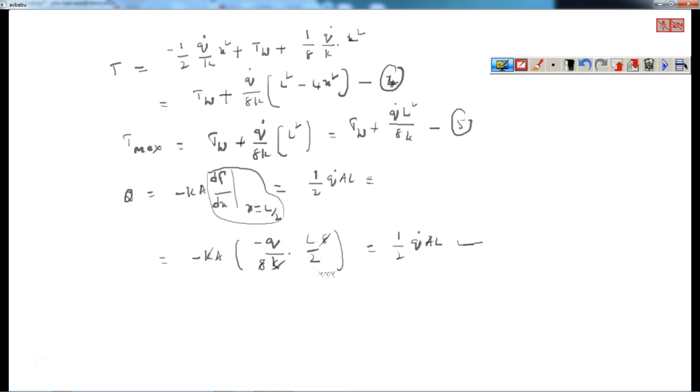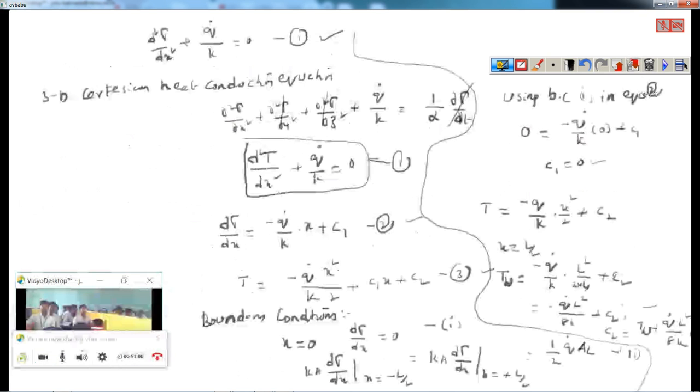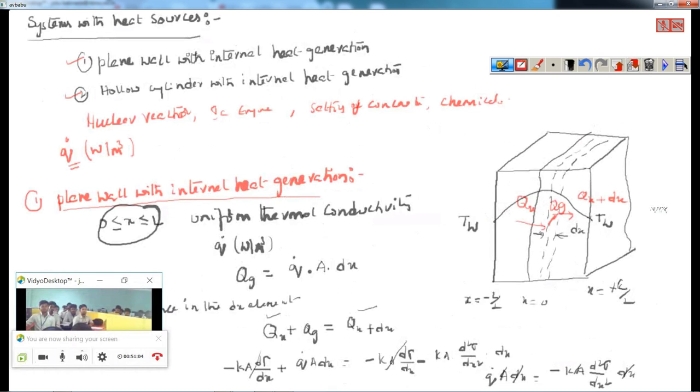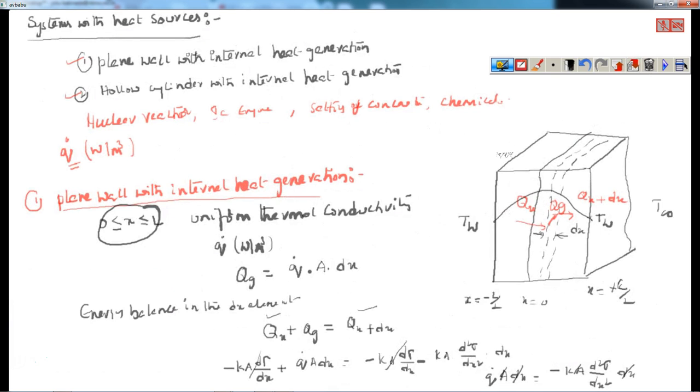The next case is if the ambient temperature is T infinity. Here also T infinity.